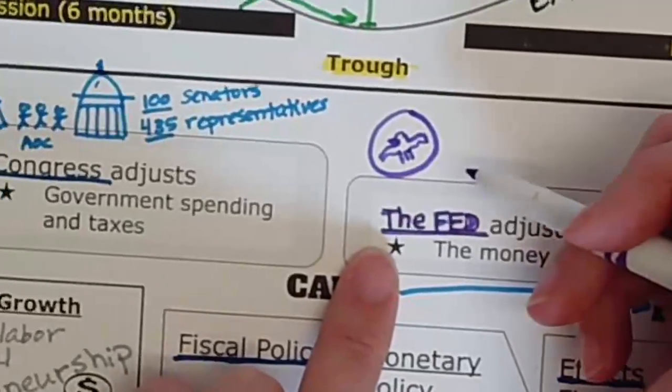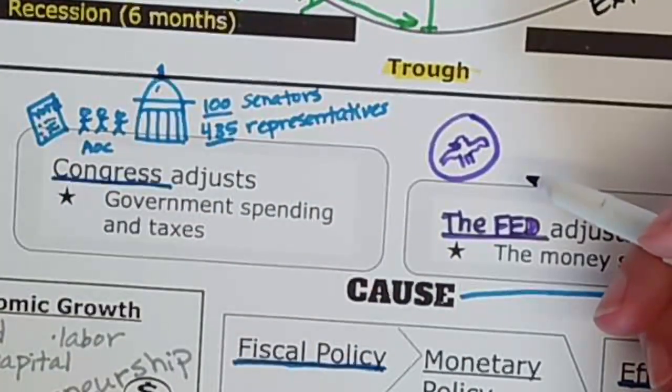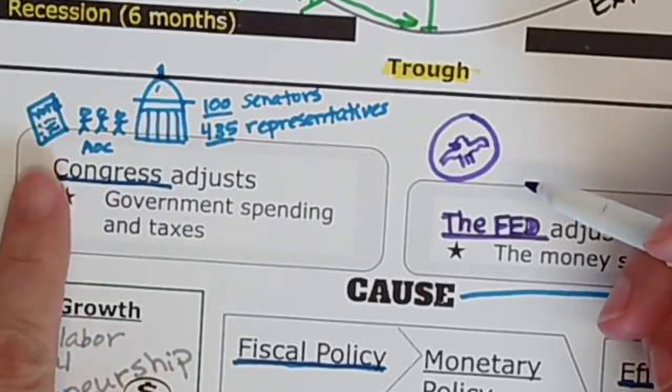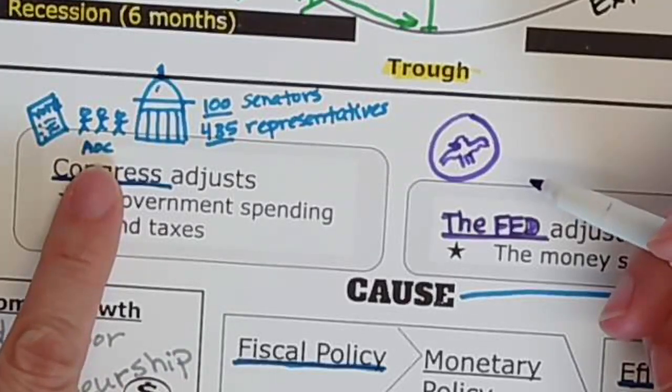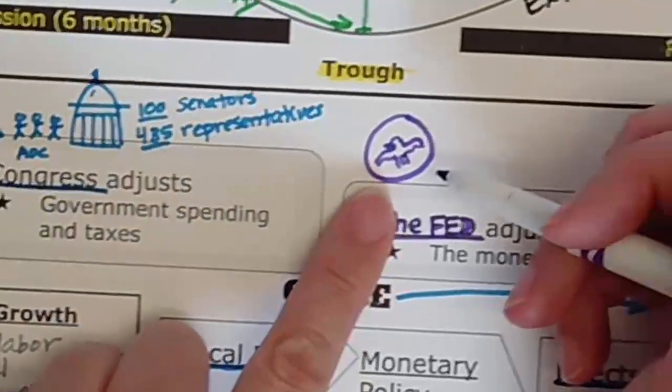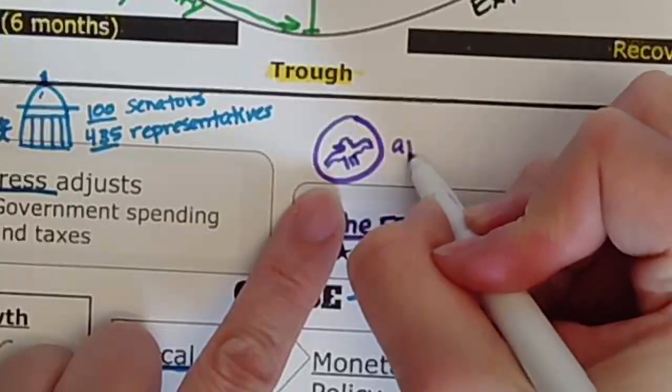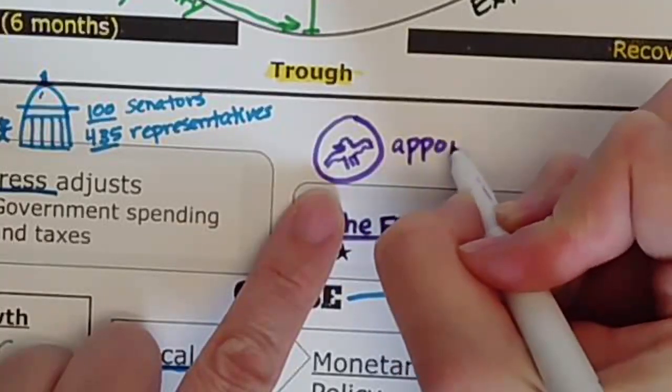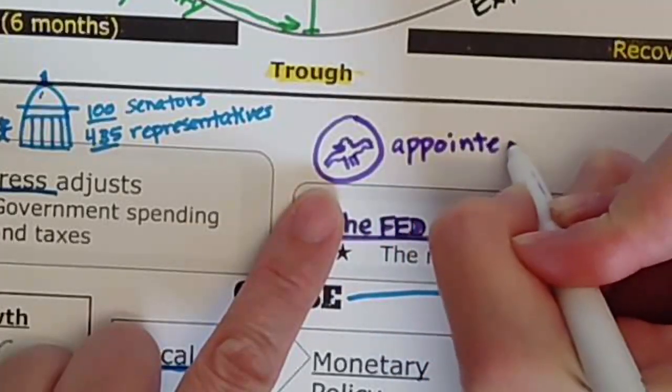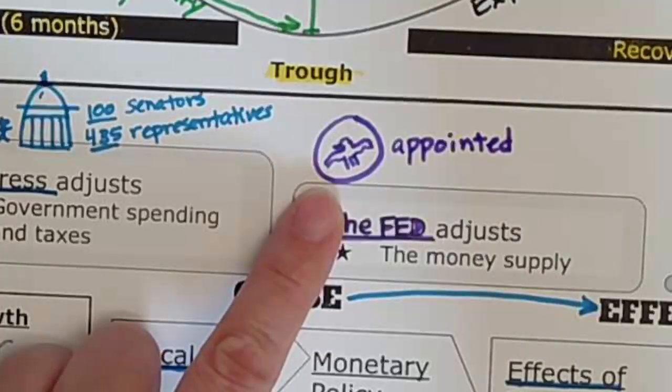One of the major differences between Congress and the Fed is that over here we're voting for people that are going to represent us. The Fed is appointed. Somebody just says, hey, you're a part of this. You do not get to say that.